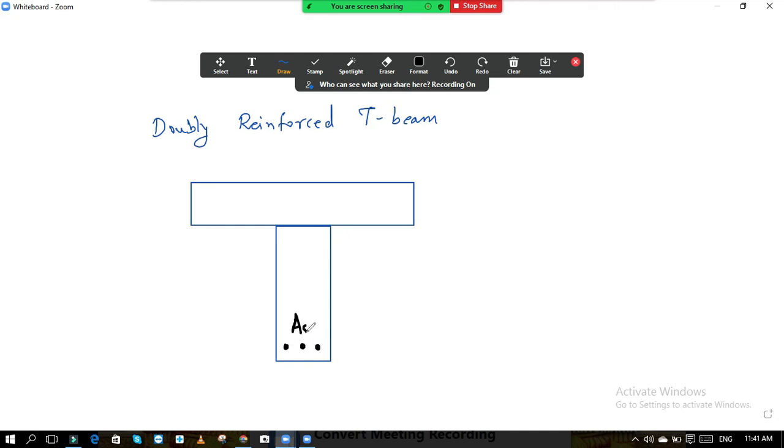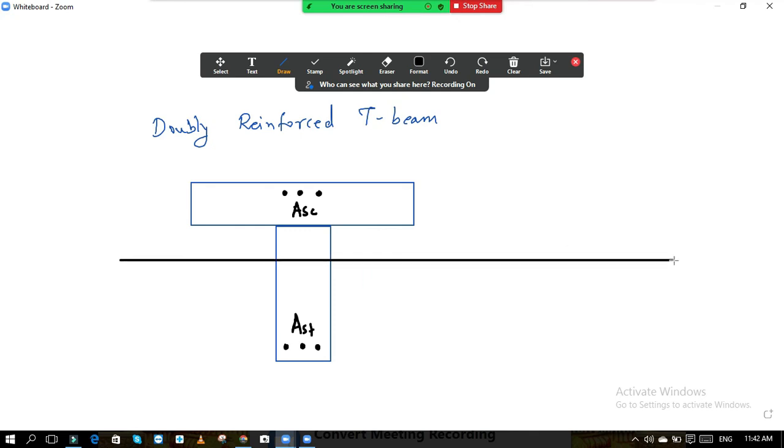This is your Ast, the area of steel. And in the compression zone also, if steel is provided, then we call this Asc. Suppose now the neutral axis is passing over like this.